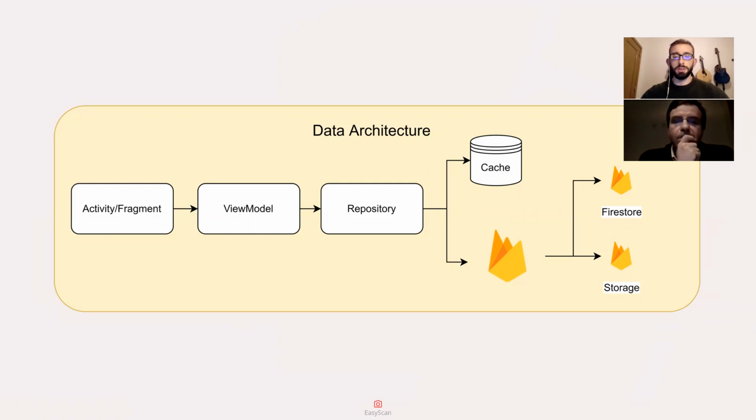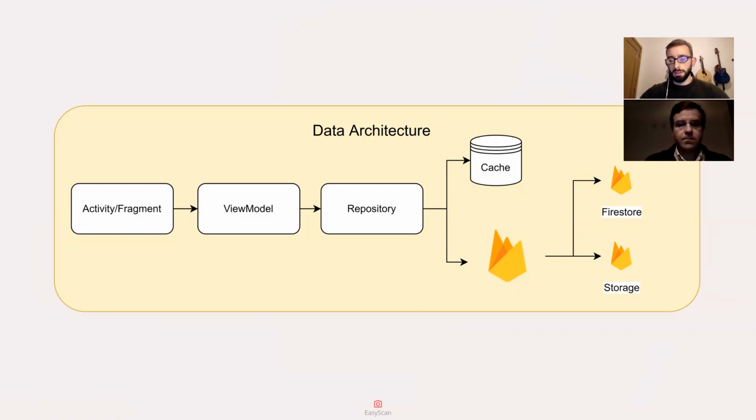The repository will access the database. This database is composed of cache and Firebase. The process of synchronization between these two components of the database is done automatically by Firebase, which has made the development process much simpler because of this characteristic of Firebase.